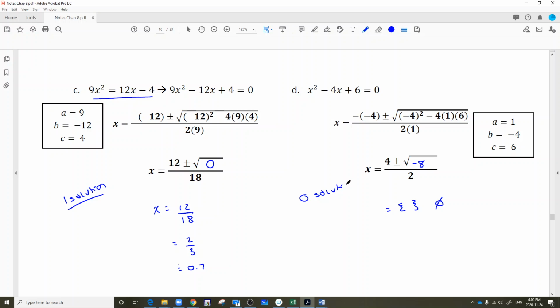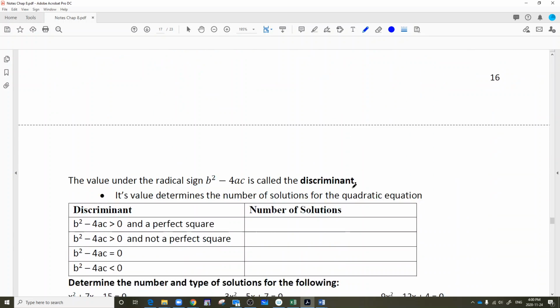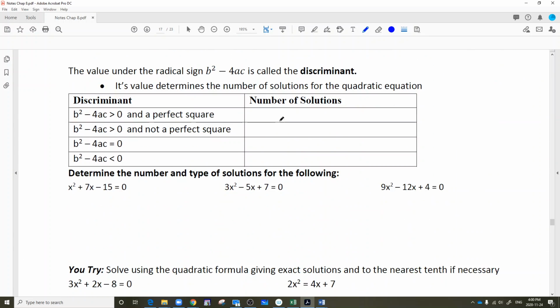Now, why do you think I'm drawing attention to this? Well, because that part underneath the square root sign, this b squared minus 4ac, is what determines the nature of your solutions, whether you get 2, 1, or none. So the first part up here, it's just a little bit about that.